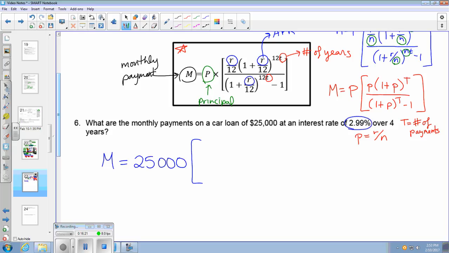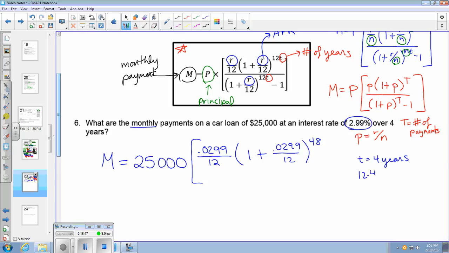And then in parentheses, our interest rate is 0.0299, and it has to be in decimal form. And we are doing monthly payments, so we can leave 12 in there. And we're going to fill in the rest. Top number is 48, and just a note that T is 4 years.